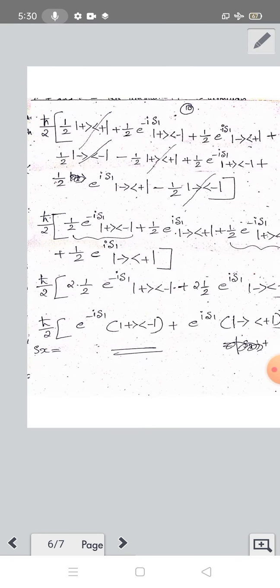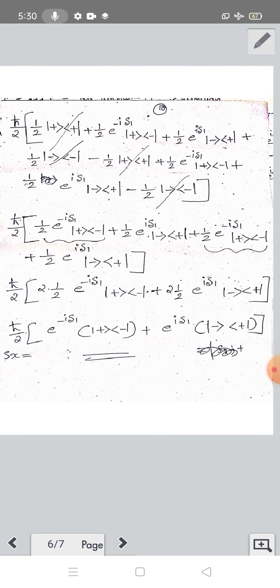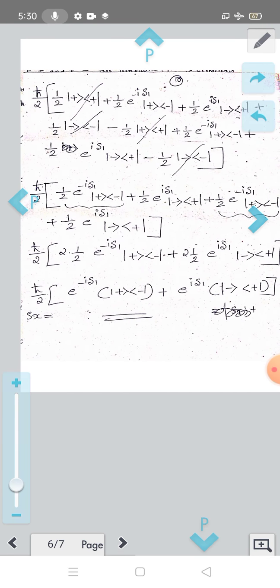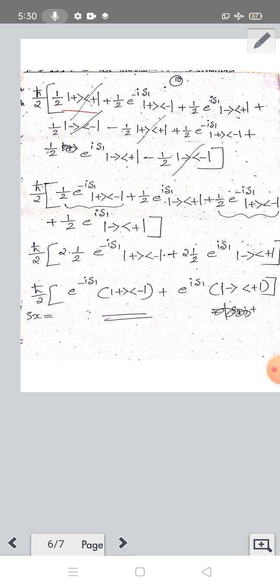So we got h cut by 2 times 1 by 2, because 1 by root 2 into 1 by root 2 becomes 1 by 2.